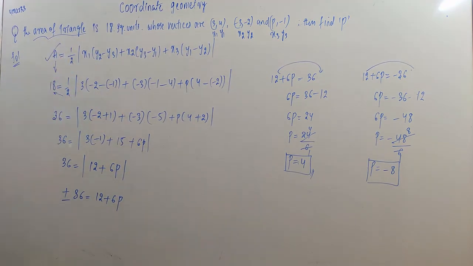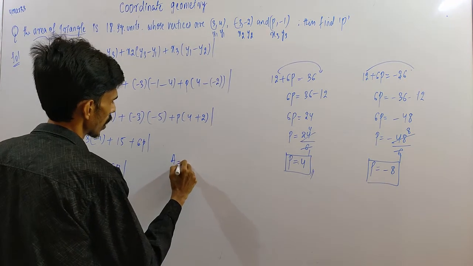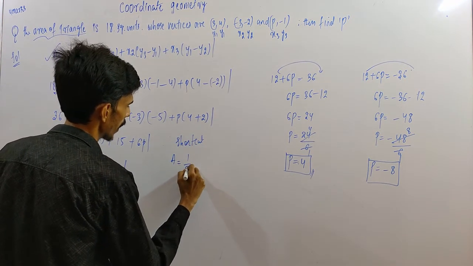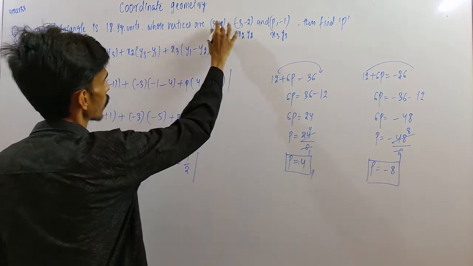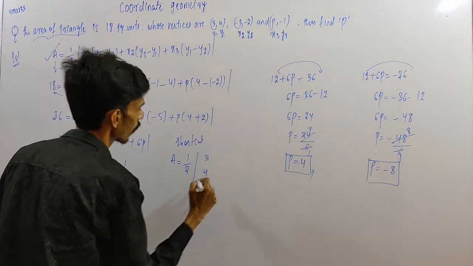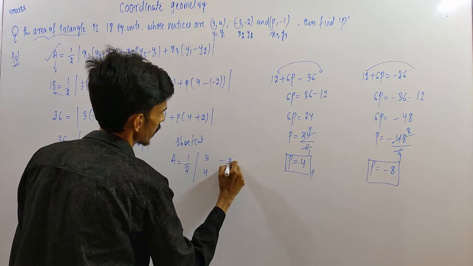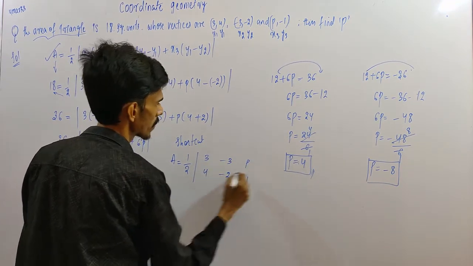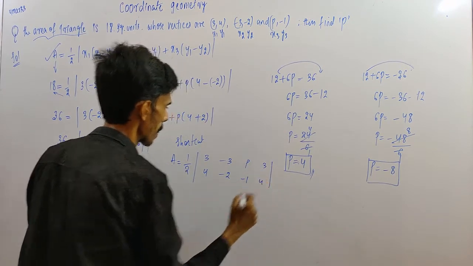Even without using this formula, we can make use of this other formula also, a shortcut. 1 by 2 mod, write 3 4 vertically: 3 4, -3 -2, p -1, copy this, 3 4.